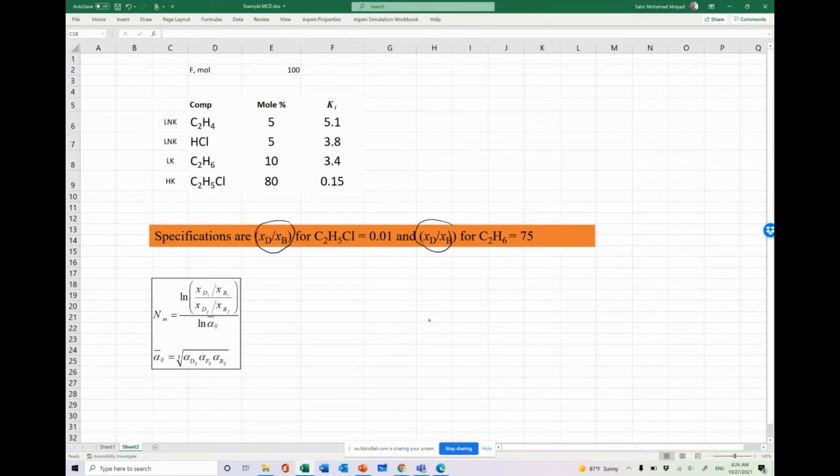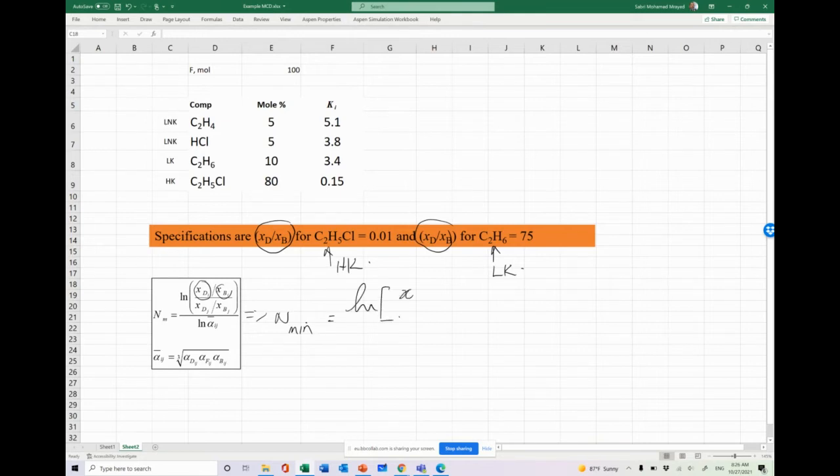So this is the specification for the light component, and this is the specification for the heavy component. Now if I look at this one, it's xd xb. So I can write the same equation in this formula, and you tell me whether it is okay or not. Can I write this one like this one?